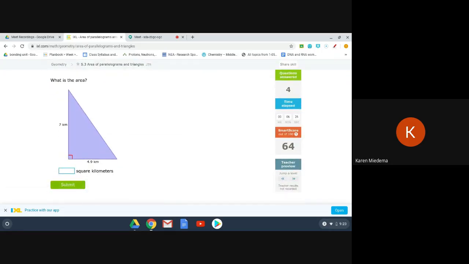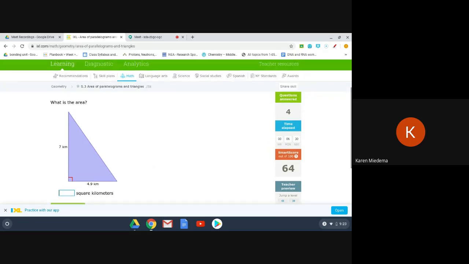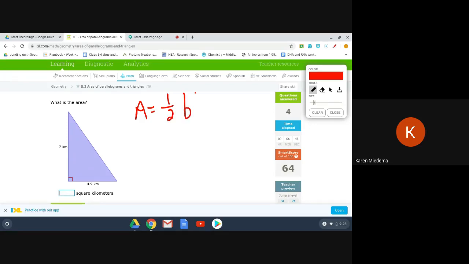Okay, you could also do decimals for a triangle as well. So I'll go ahead and show you an example of that. Again, a triangle, meaning that it only has 3 sides, is 1/2 base times height. 1/2 times the base, which is the bottom number, and the height is the distance up and down, which is 7.